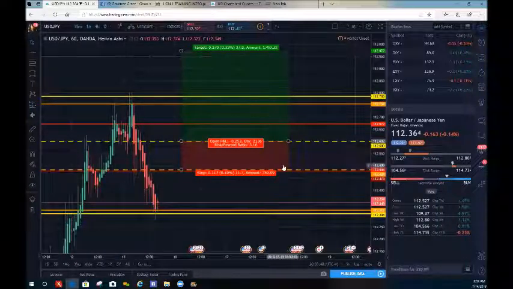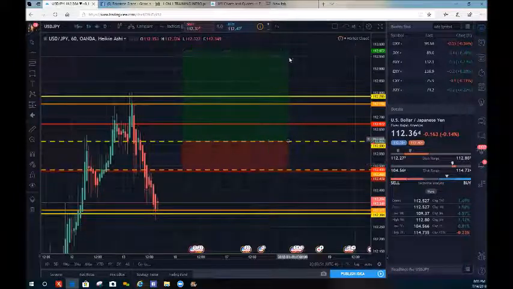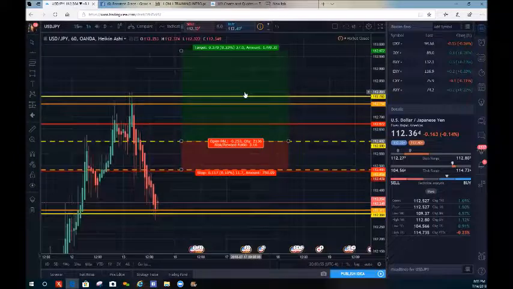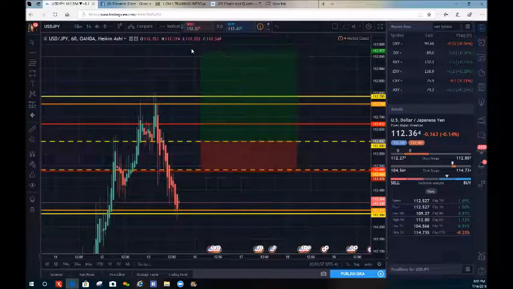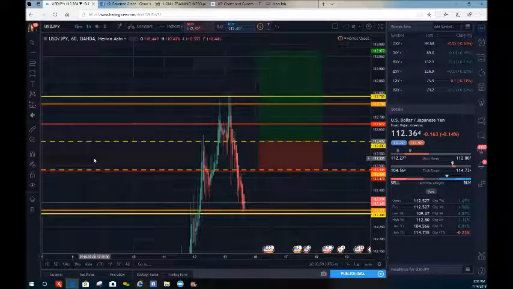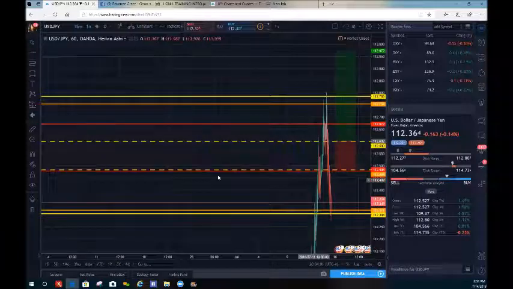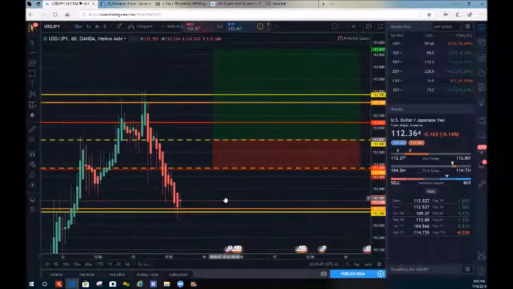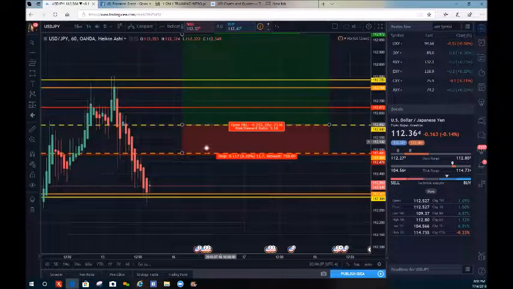That's how that works. And then your take profit would be up here for the 37 pips. So that's the basic trade setup, and that is how I do it.